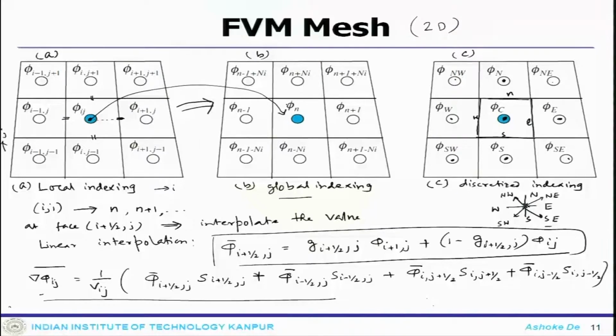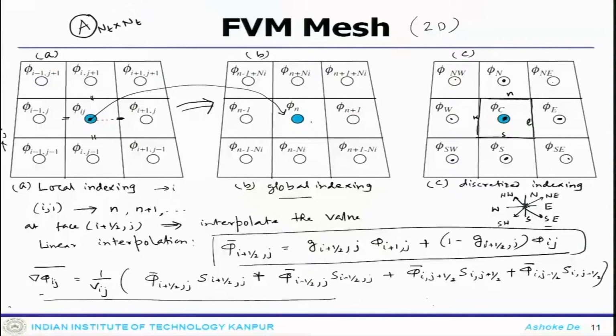This mapping helps to build the linear system or the global matrix A, which would have dimension of total number of elements by total number of elements, since it is 2D. Each local index has to be mapped to a global index.